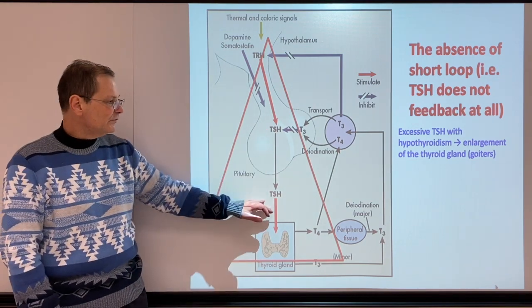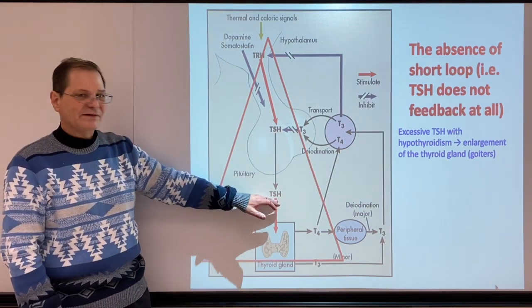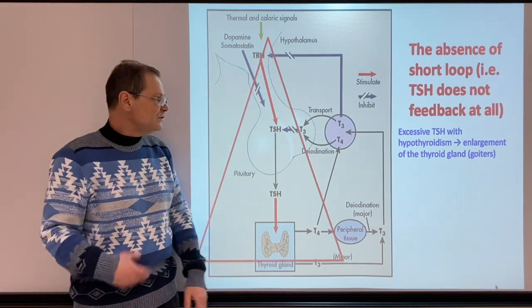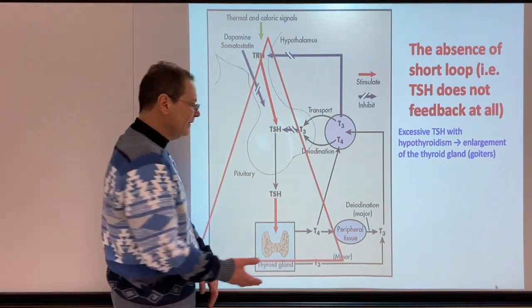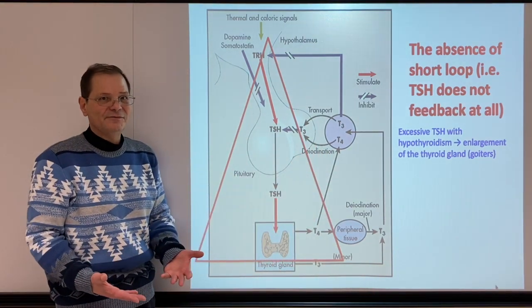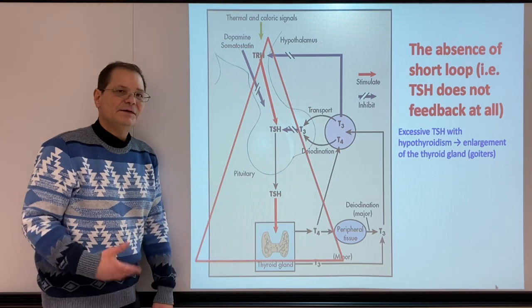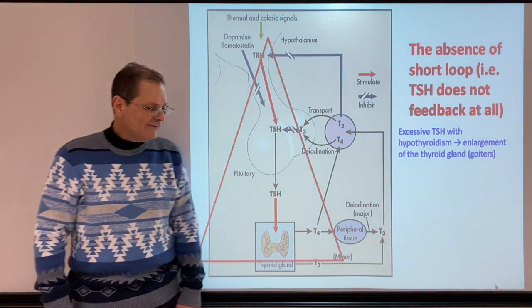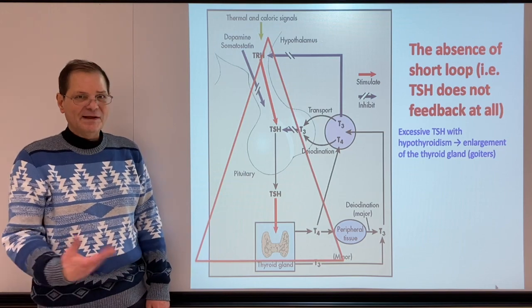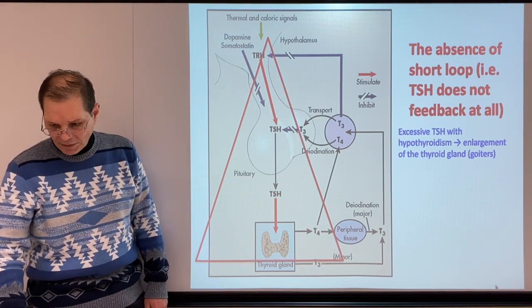This TSH goes wild and gets extraordinarily high because there's no feedback mechanism. So this tells you why you need negative feedback for hormones, because that can happen to any hormone where there's no negative feedback mechanism involved. You'll have these hormones go wild and they'll have adverse effects. So keeping that under control is something that you want.